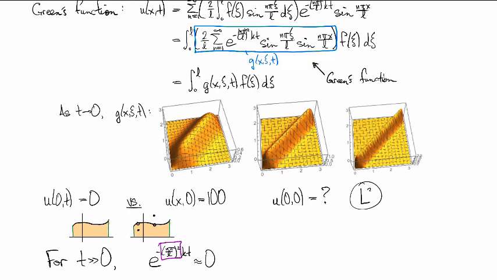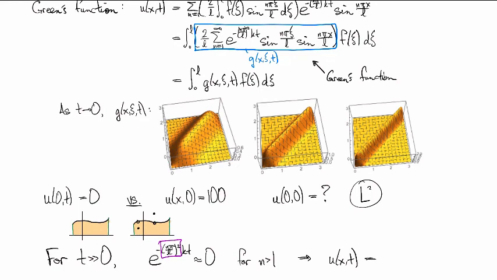So these are very close to 0 as n increases. And so as a consequence, your entire solution, that entire infinite sum, actually looks very much like just the first term after a very short amount of time.